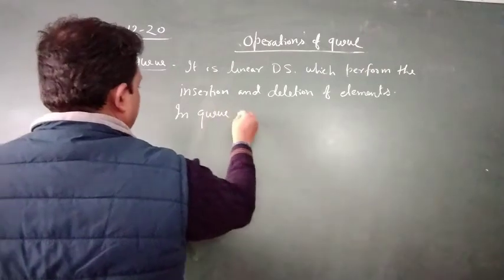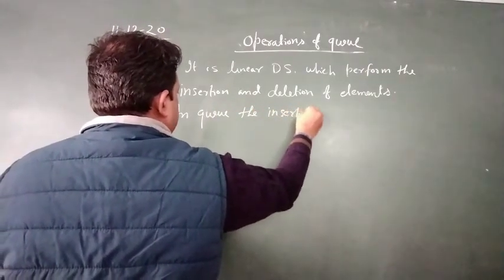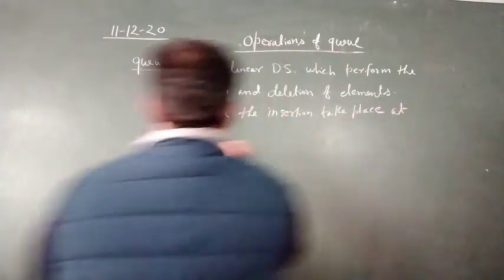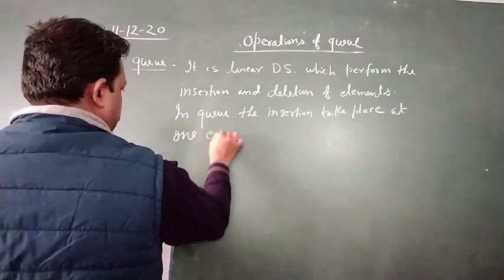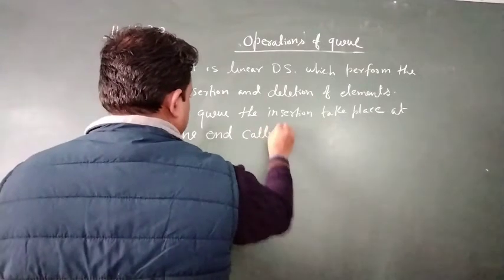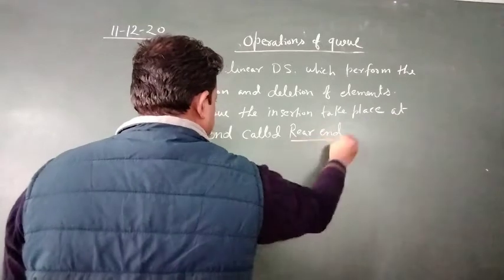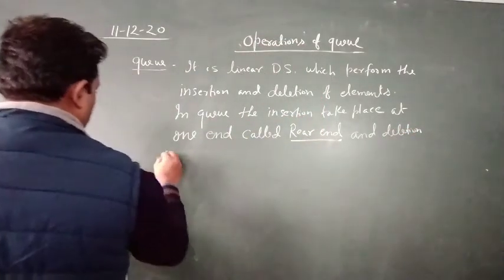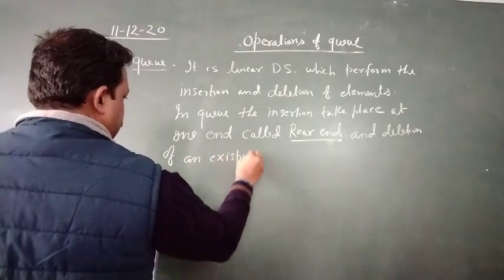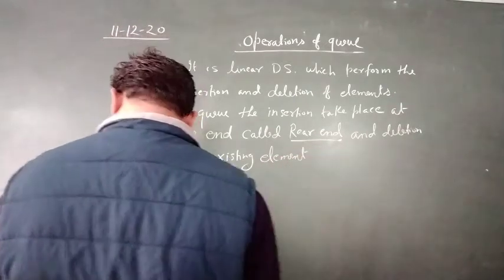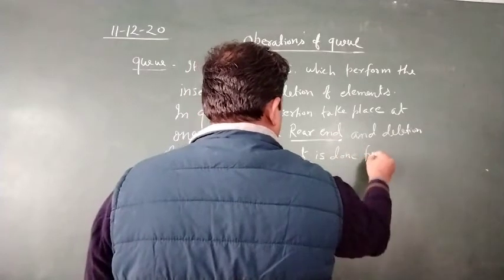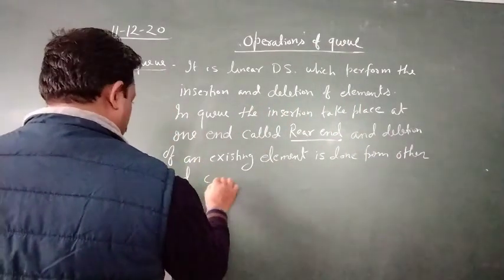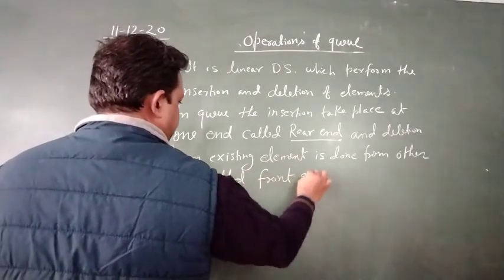In queue, the insertion takes place at one end called rear end, and deletion of an existing element is done from the other end called front end.